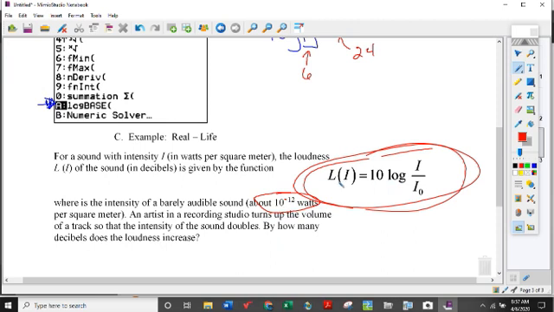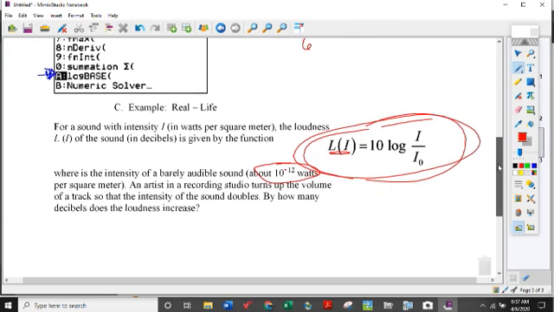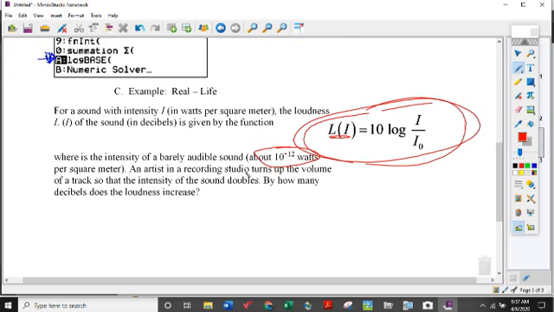The loudness of the sound in decibels equals 10 times the log of whatever sound you're listening to over the barely audible sound. An artist is recording in a recording studio, turns up the volume of a track so that the intensity of the sound doubles. By how many decibels does the loudness increase?